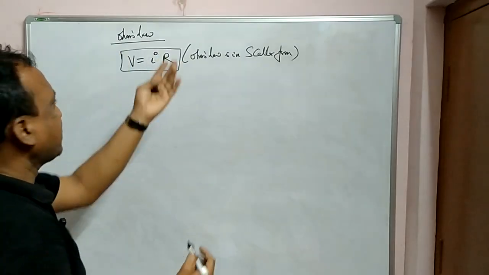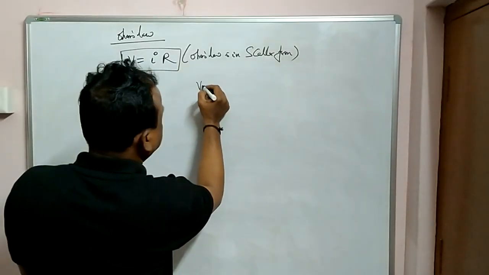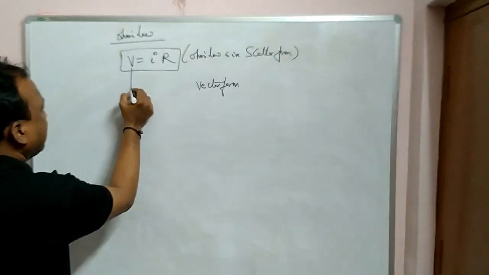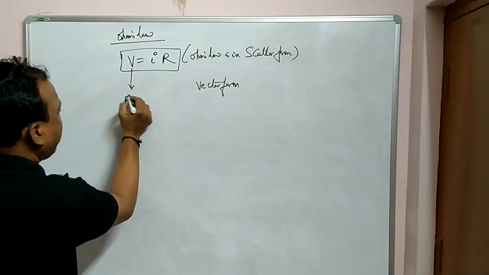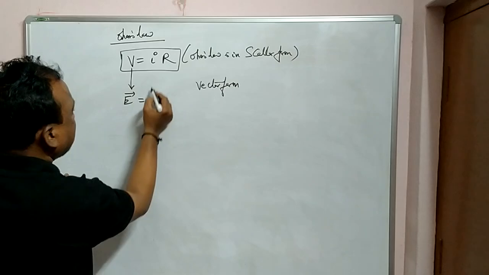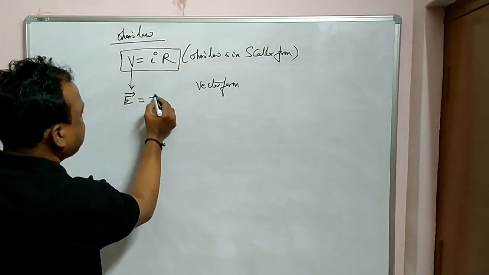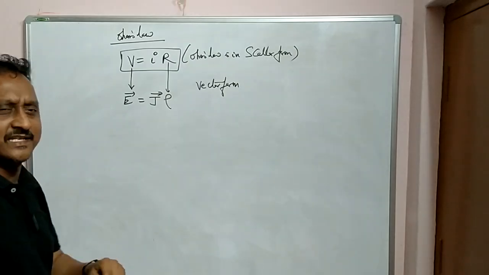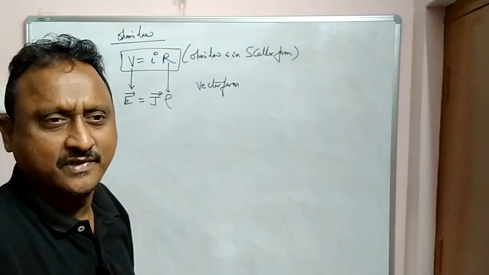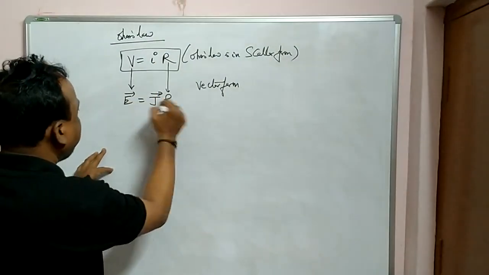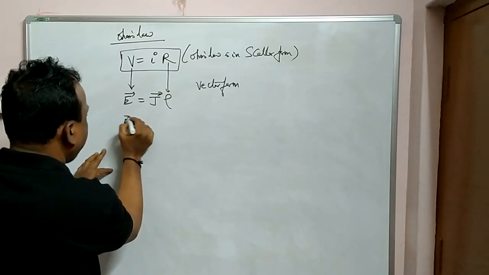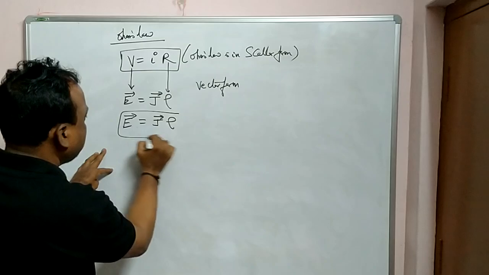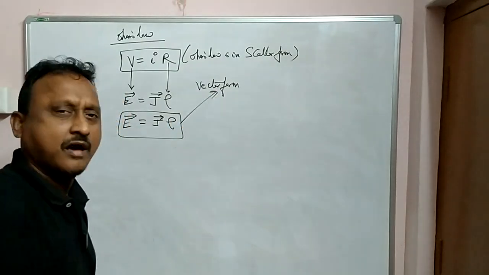Now suppose in the examination they ask for the vector form of Ohm's law, then in the place of V we will write electric field intensity E. In the place of I we will write current density J. In the place of R we will write rho, specific resistance, which is constant for a given material. So Ohm's law in vector form is E bar is equal to J bar into rho. This is the vector form of Ohm's law.